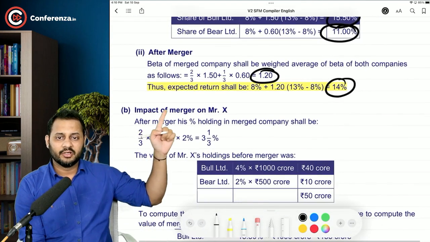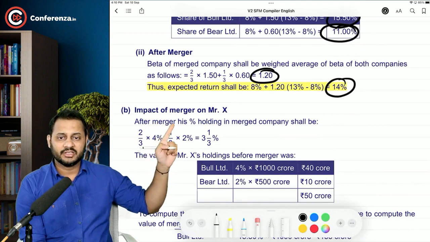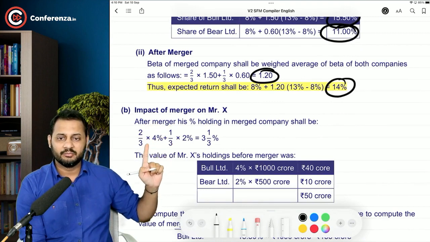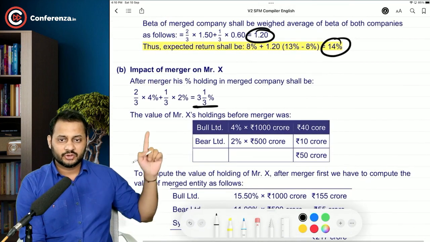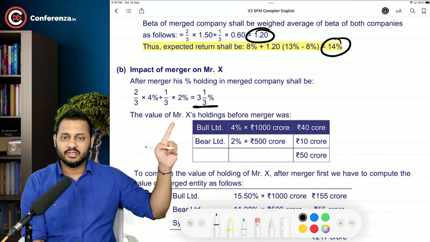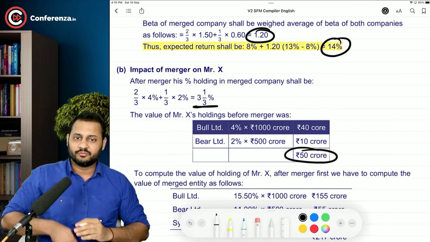Then impact of merger on Mr. X. After merger, his percentage holding in the merged company will also be distributed in the ratio of 2:3 and 1:3. That becomes 3.33%. So value of Mr. X's holding before merger was 50 crore, 40 and 10.